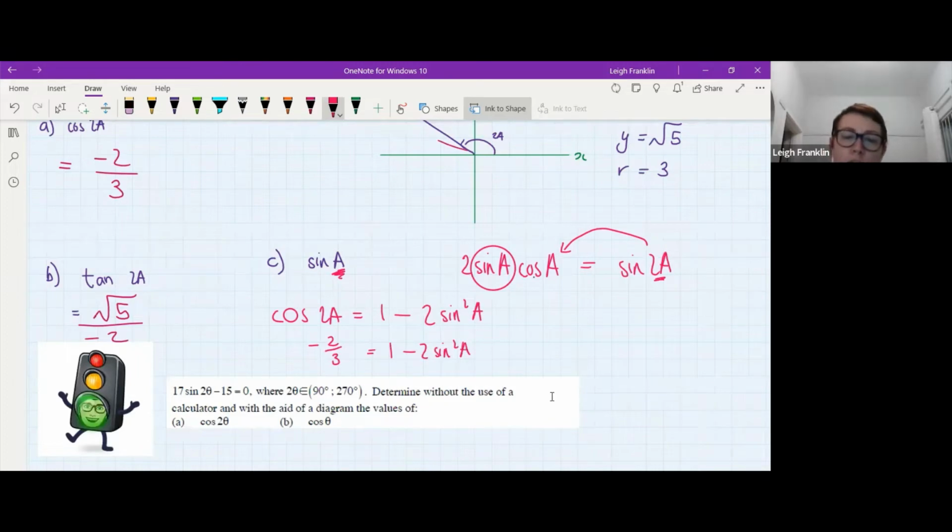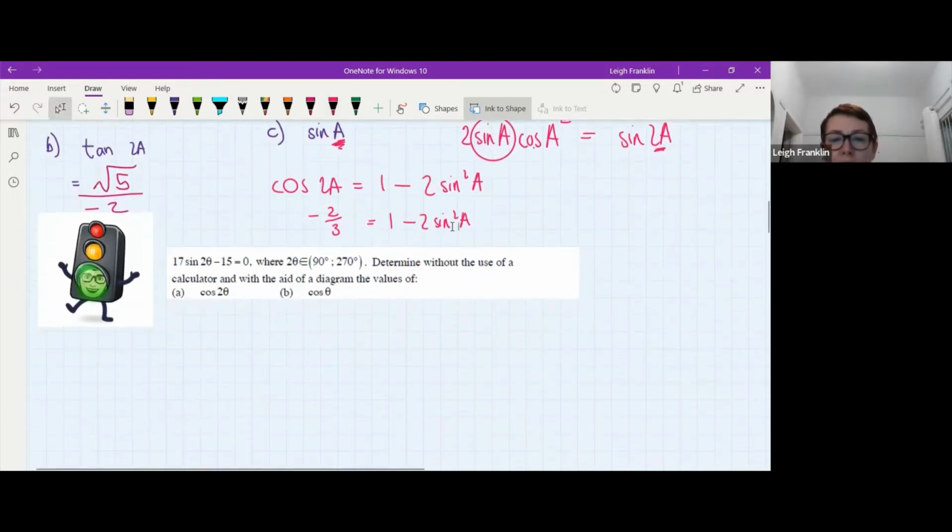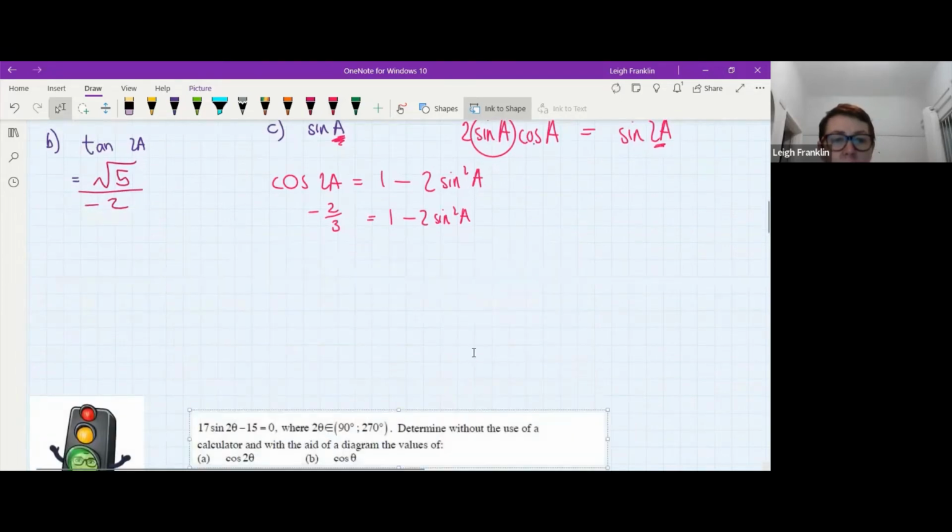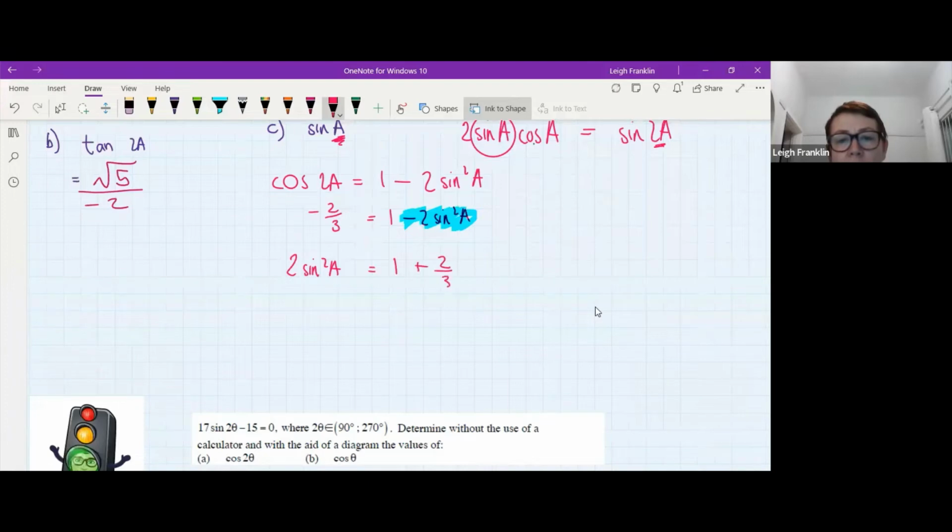So what we're going to do is make sine A the subject of the formula. I'm just moving these guys down. In other words, I'm going to take this term over here to the left-hand side. That's going to give me 2 sine squared A is equal to 1 plus 2 over 3.